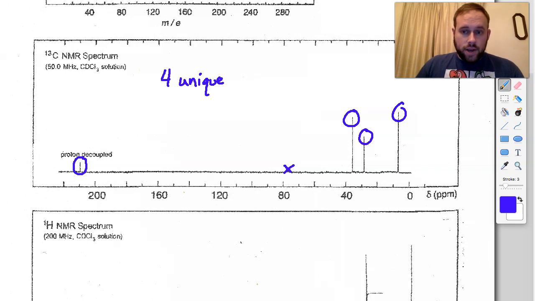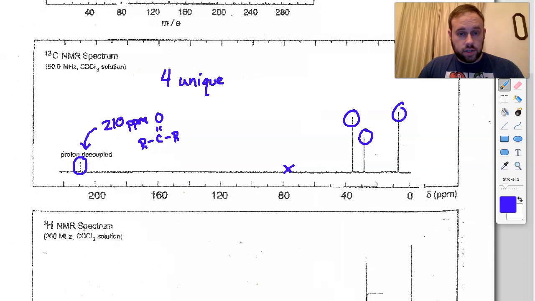All right, now when you are this far downfield, so this one right here is around, I'm going to call it 210 ppm. The only thing that really shows up that far downfield on the carbon-13 is a ketone. So we can pretty well confirm at this point that we're dealing with a ketone functional group within the butyl chain that we're suggesting.